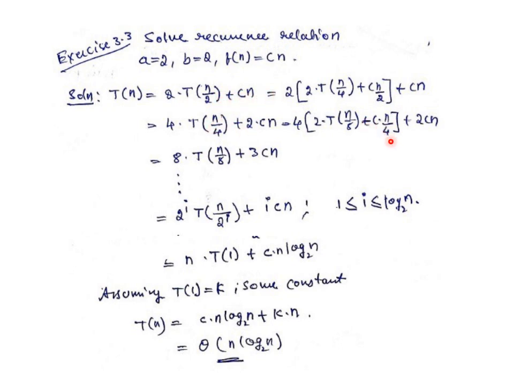So when we multiply, 4 into 2 is 8, T of n by 8, plus the 4 and 4 cancel, then cn again. So this cn is added to 2 cn, and we get 3 cn. So we can write 2 to the power 3 into T of n divided by 2 to the power 3 plus 3 cn.